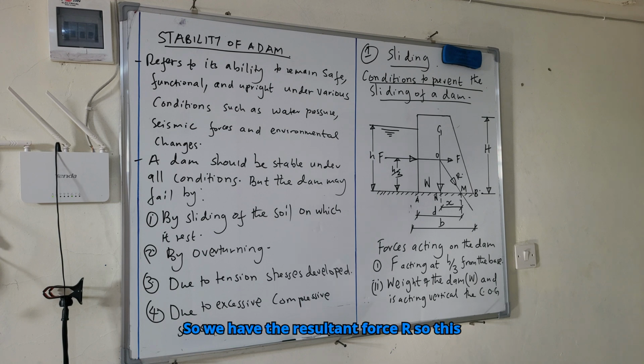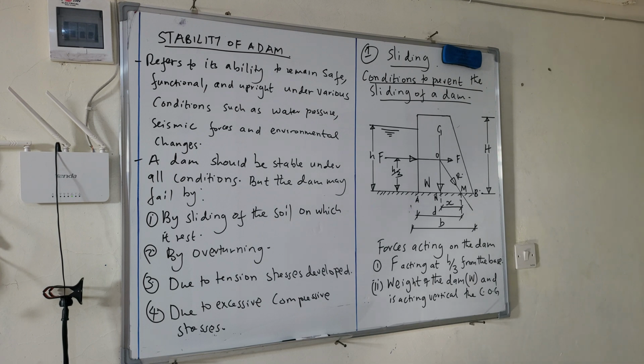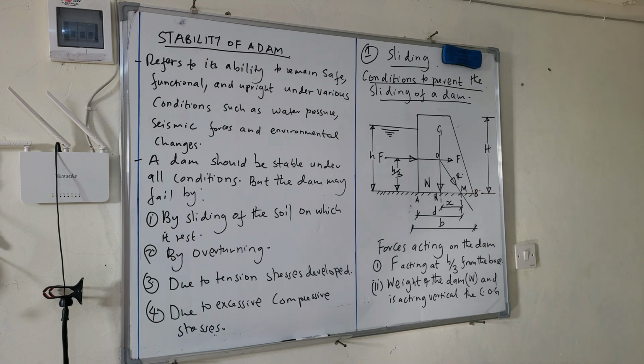So we have the resultant force R. So this is the resultant force R, which is a result of force F and W, and is passing through point M, this point.